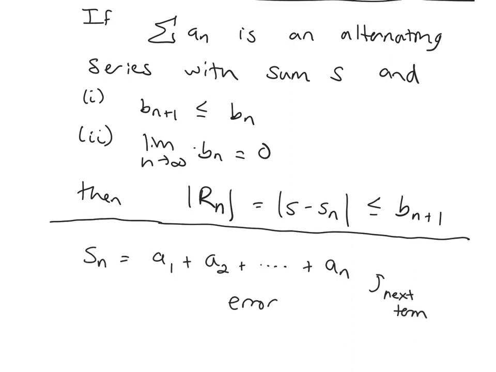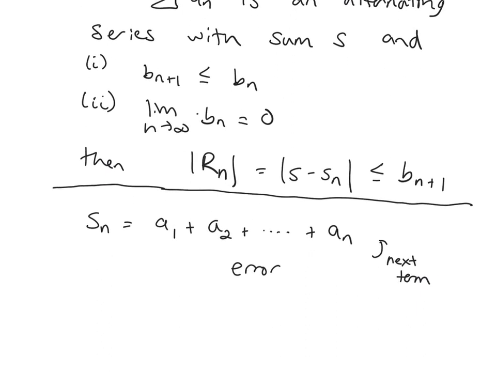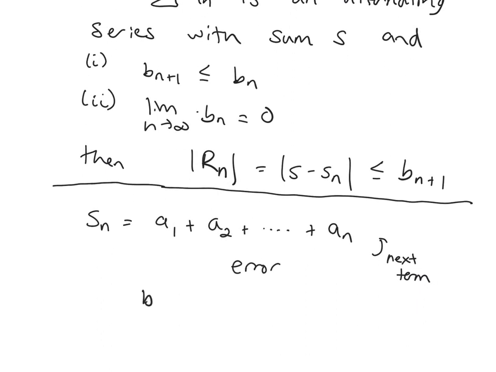There's an upper bound, and it comes from that next term. The absolute, this B sub n plus 1, remember, you're taking the absolute value of the terms in your series. You're making it positive. So the upper bound for my error comes from where I cut off my series. The next term in my series, that's going to give me my upper bound for my error. Okay?